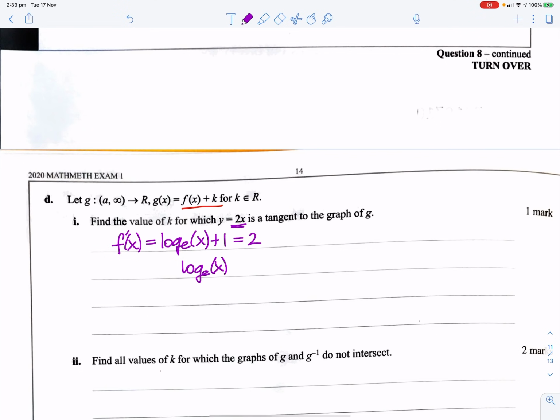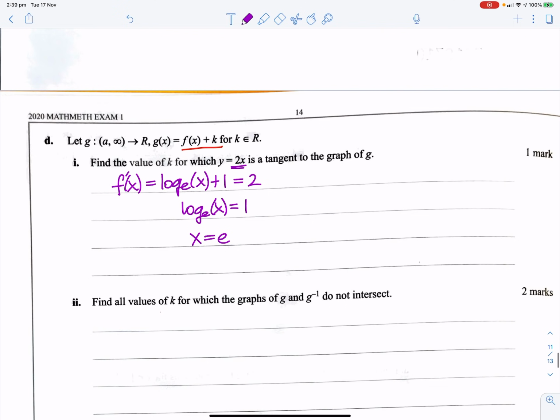Log e x has to equal 1. x has to equal e to the 1. If x equals e, y is equal to 2e, because that's got to be the tangent. So when I sub e into it, my equation has to pass through 2e.